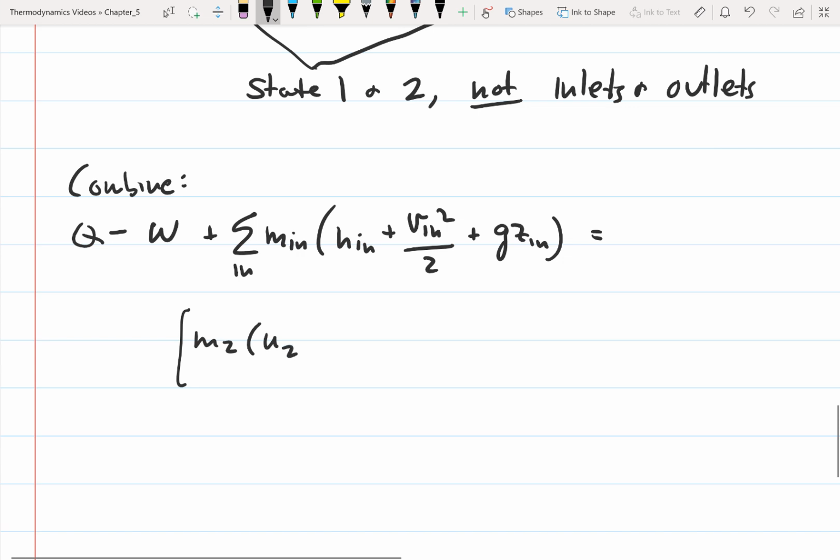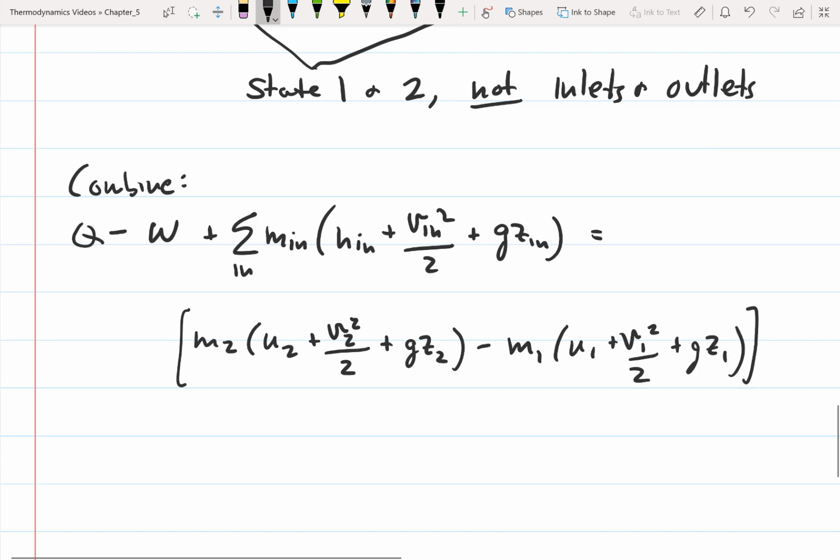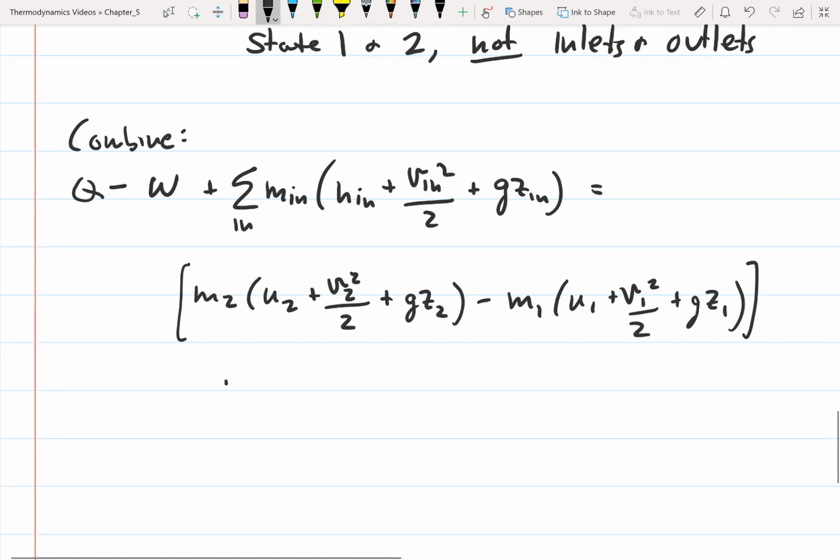So u2 plus v2 squared over 2 plus g z2 minus m1 times u1 plus v1 squared over 2 plus g z1, and then this is all plus our outlet term.